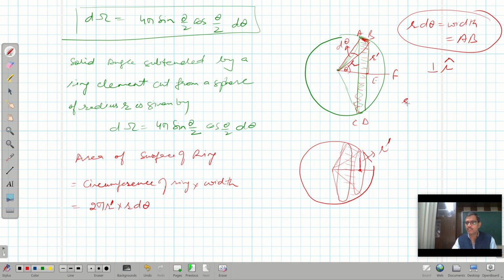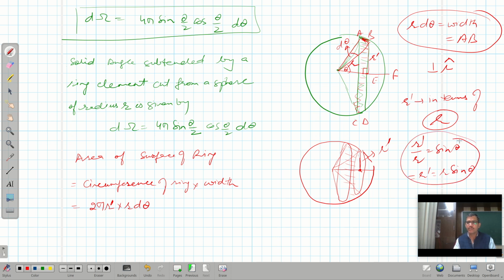Now we need to express r prime in terms of small r. So this distance is r and this distance is r, and this is a 90-degree angle. So that means r prime by r is equal to sine theta. So r prime is equal to r sine theta.